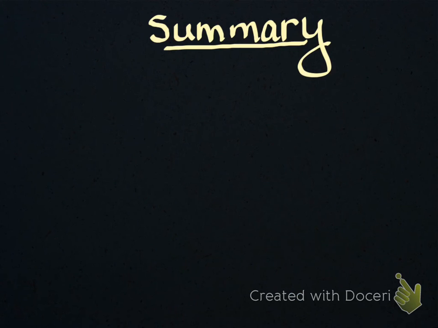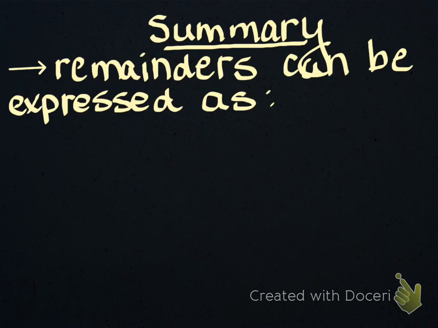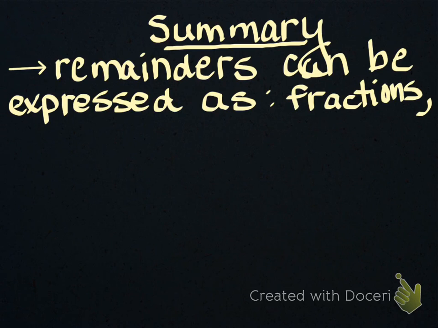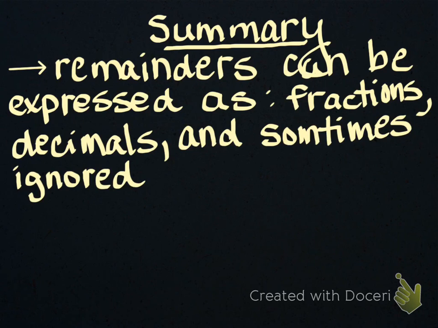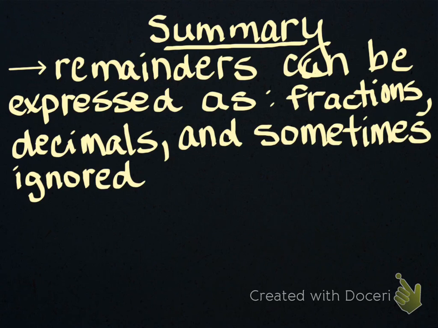So to summarize, we learned about remainders today and how we can express them. We learned that we can express them as fractions. We can express them as decimals, especially when money is involved. And sometimes they are ignored.